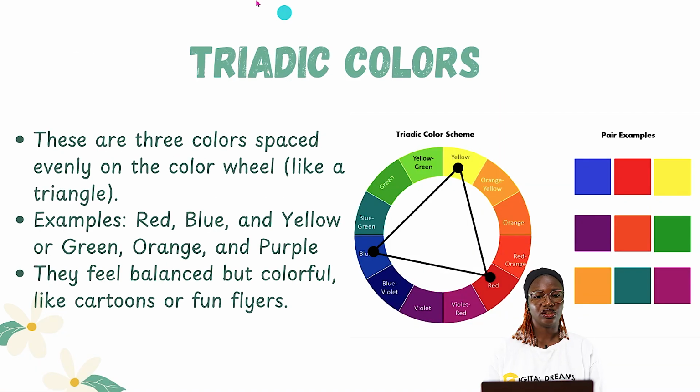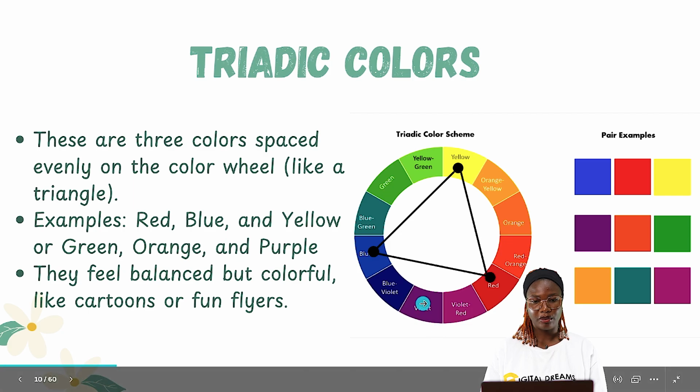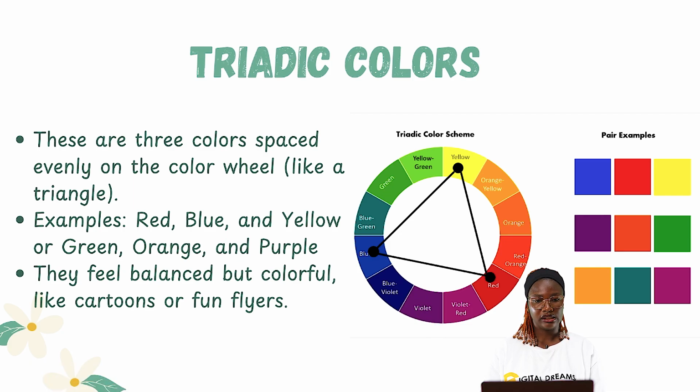The next one is triadic colors, and these are three colors spaced evenly on the color wheel like a triangle. So just draw a triangle on the color wheel, and whichever places it falls on, you pick those colors. For example, we have red, blue, and yellow, or you could have purple, orange, and green.